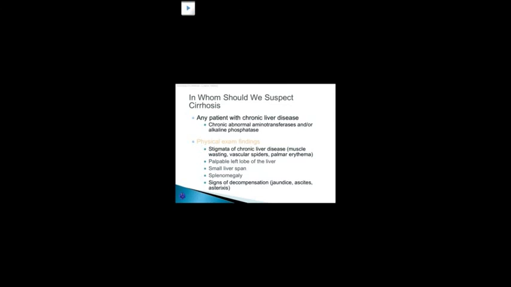Diagnosis, as I told, is clinical, lab, radiological, liver biopsies. In whom do we suspect this particular case of cirrhosis? Any patient with chronic liver disease, chronic abnormal aminotransferases and alkaline phosphatases. This is how you suspect in such cases.